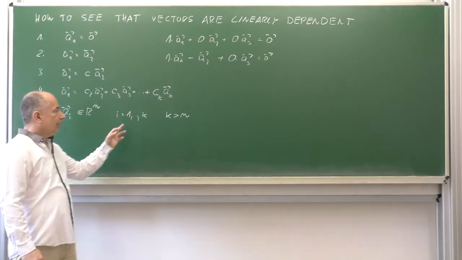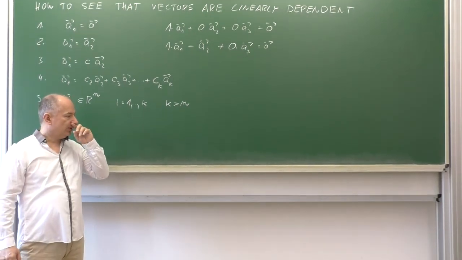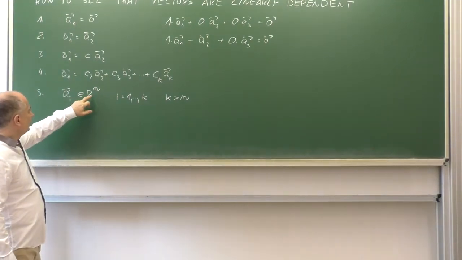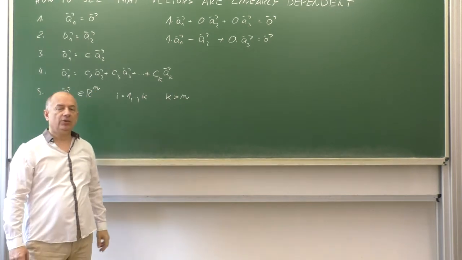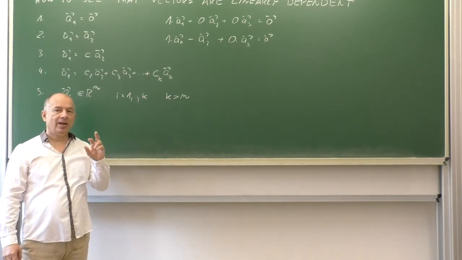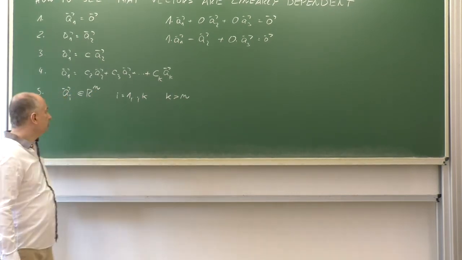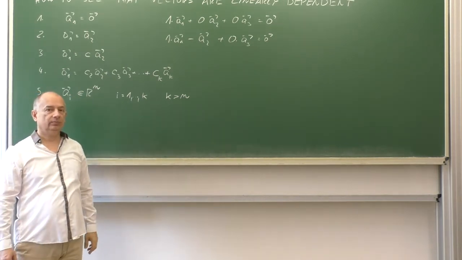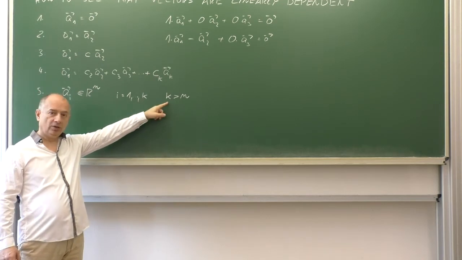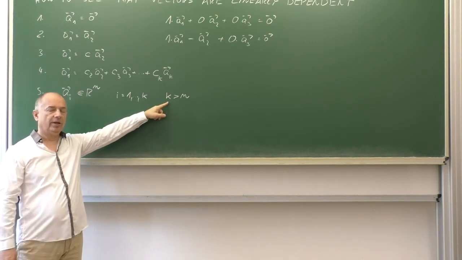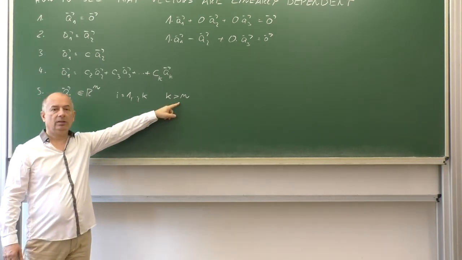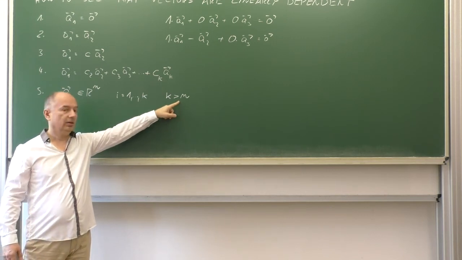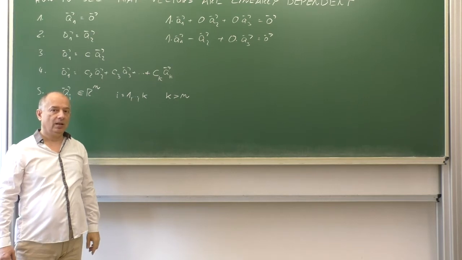And also, there is one useful property. If we have vectors from n-dimensional space, that means each vector has n components, and if we have k vectors, then if the number of vectors, here k, is greater than the number of components, the dimension of the space, then the vectors are linearly dependent.